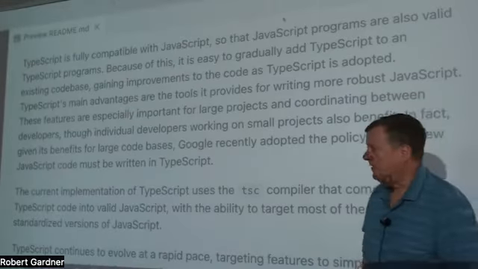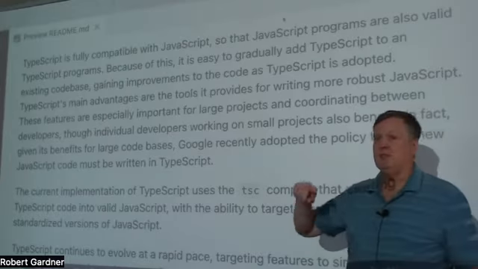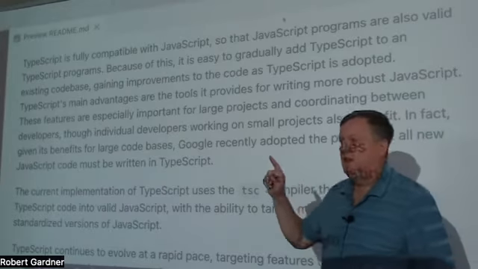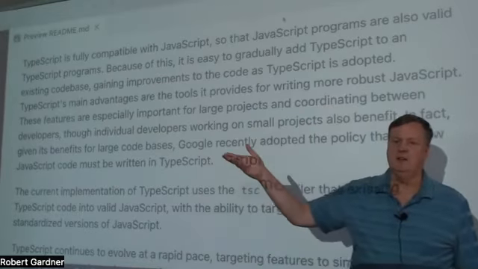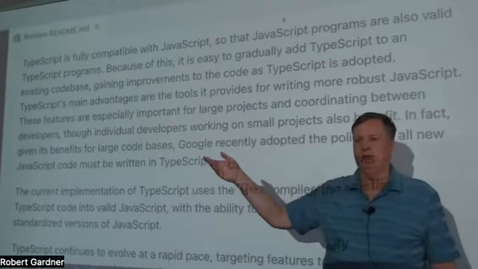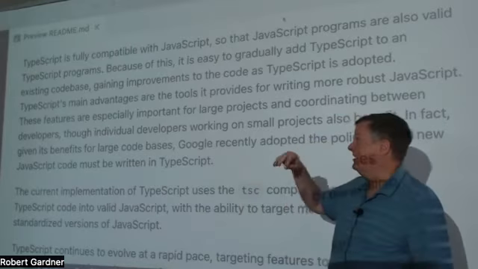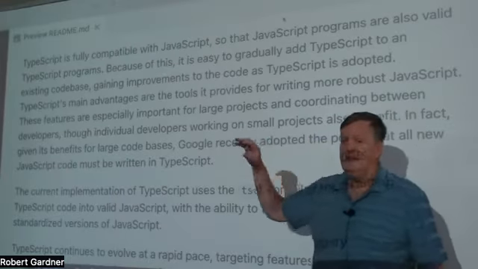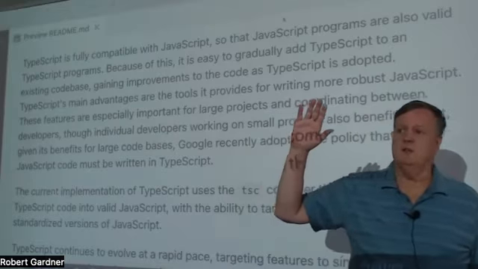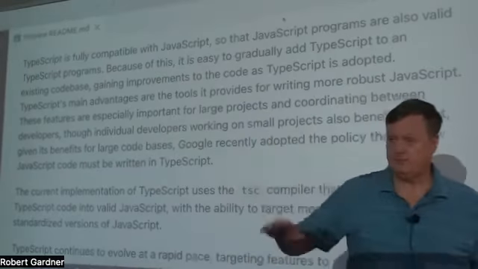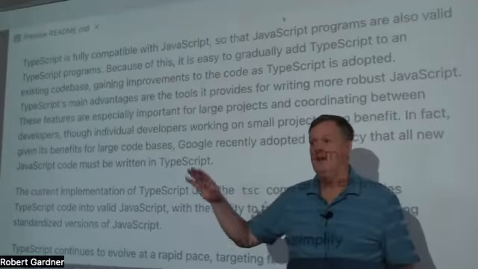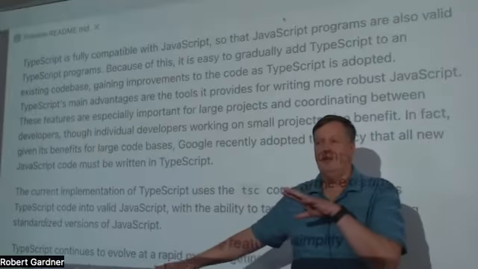Okay, so TypeScript is a superset of JavaScript. Every JavaScript program in existence can be compiled and run by TypeScript. So what TypeScript does is it examines your TypeScript code, and it produces JavaScript.